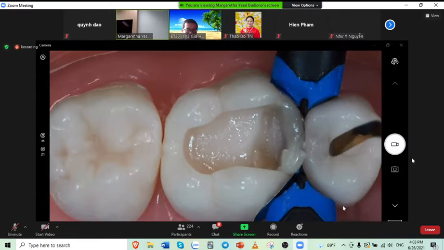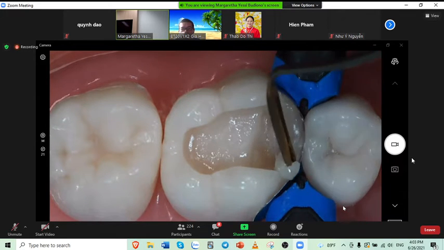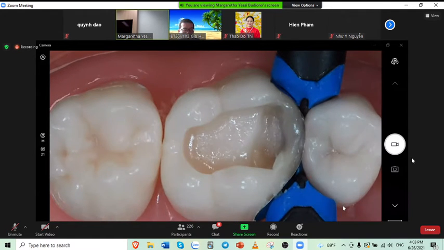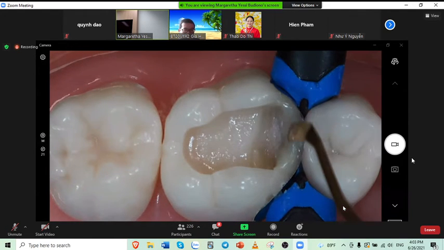Here you can see the height of the marginal ridge of the premolar here. So I also will adjust the height of my marginal ridge here so that I won't have premature contact at this location here.